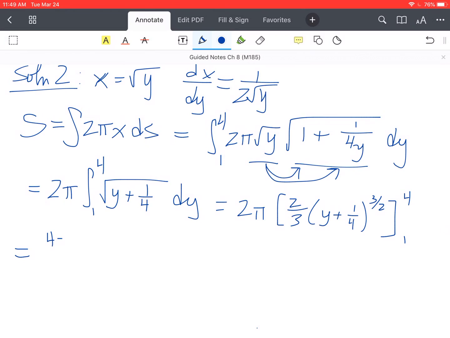So that's going to be 4 pi over 3 times 4 plus 1/4 is going to be 17/4 to the 3/2. And then 1 plus 1/4, that's going to be 5/4 to the 3/2.